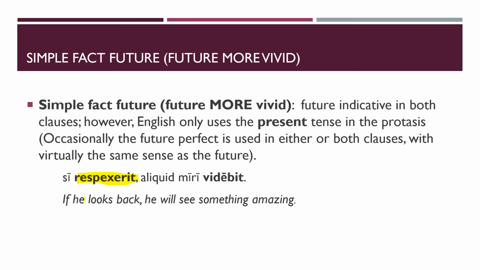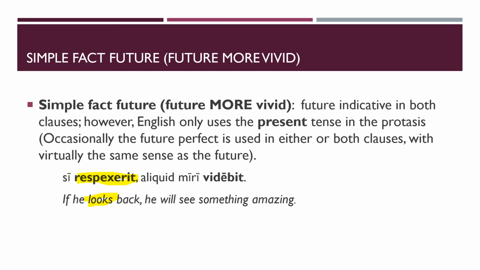But as you can see, I did not translate it as future perfect. Because literally it would be if he will have looked back. Because the idea is he didn't do it, but he might do it, or he will do it. He will see something amazing. We're not going to say that in English. We can just use a simple present. If he looks back, he will see something amazing. So it's as simple as that.